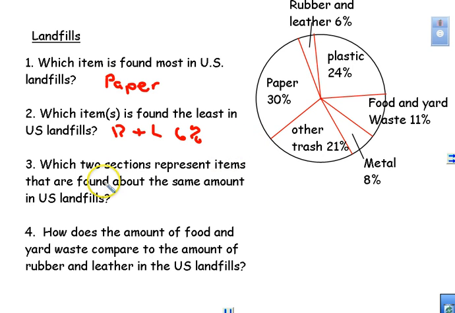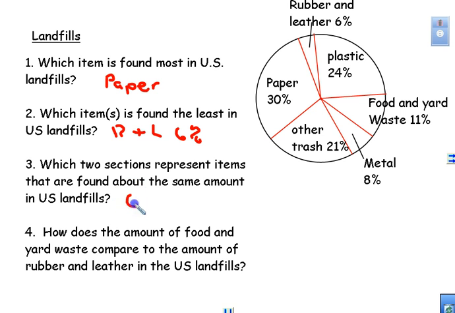Now, when they are saying about the same amount in the landfill, they don't have to be exact, but many times they will be very, very close, within a percent or two. So when we look at these comparisons, the two that stand out that are the closest to one another would be the 6% and the 8%. So the metal and then rubber and leather.